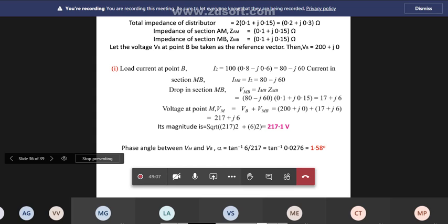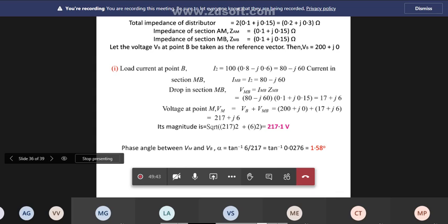And now you have to observe: VM is one consumer, VB is another consumer. They will calculate their own individual values. Now calculate the alpha value, the phase angle. Alpha is equal to tan inverse of 6 by 217, so 1.58 degrees. VB has its own power factor, that is 0.8 power factor.